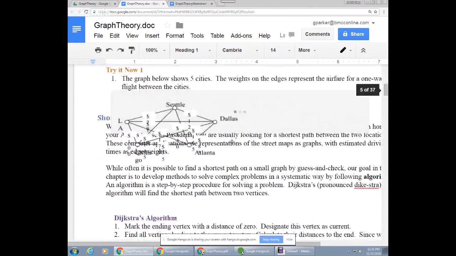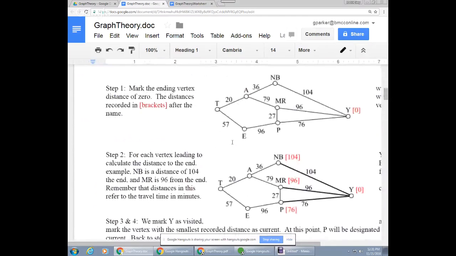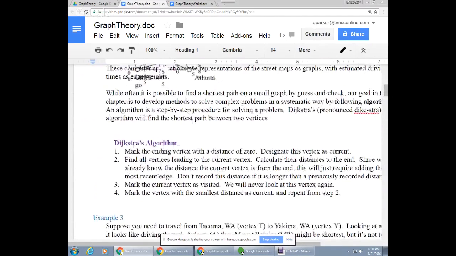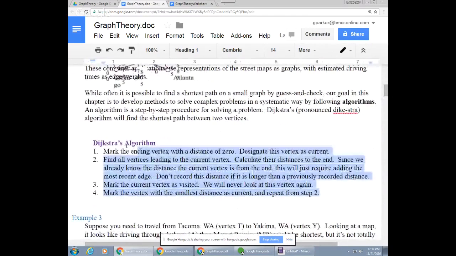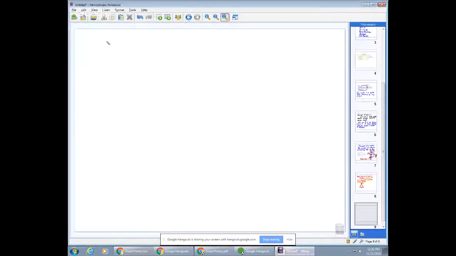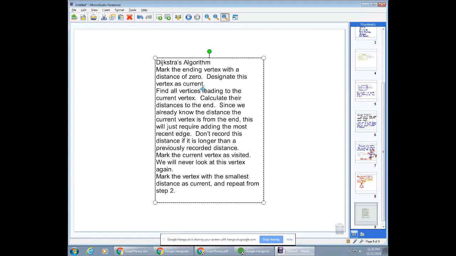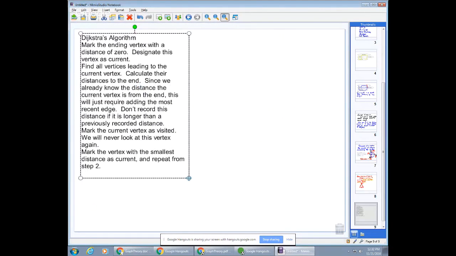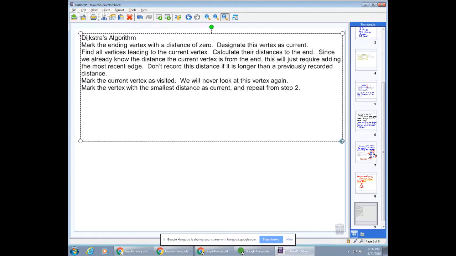Ooh, this came out weird. Okay, where are you, Dijkstra? Oh, I must have passed it. There it is, Dijkstra's algorithm. Ooh, that did not come out good. Let's see if I can clean it up.